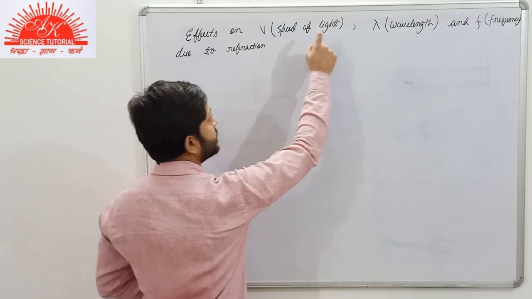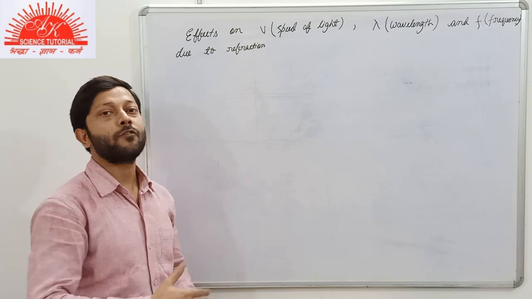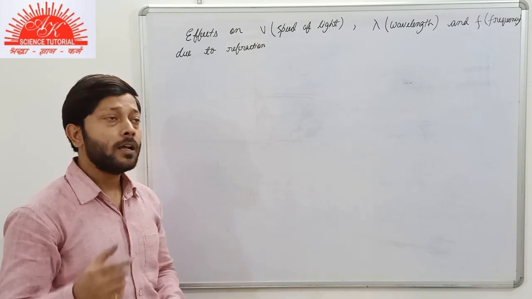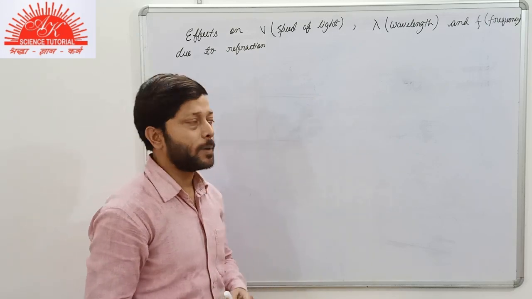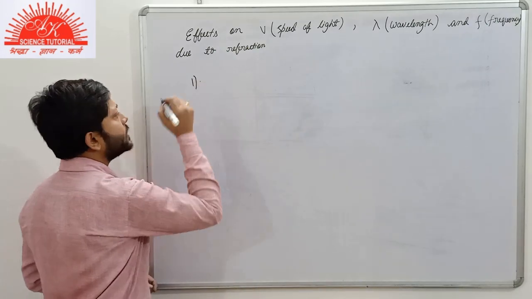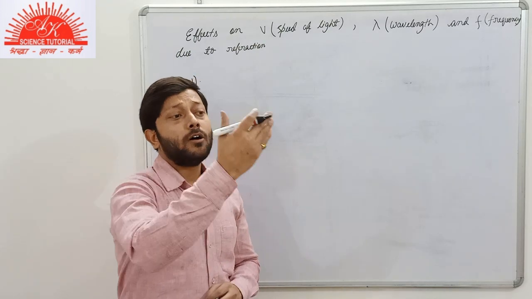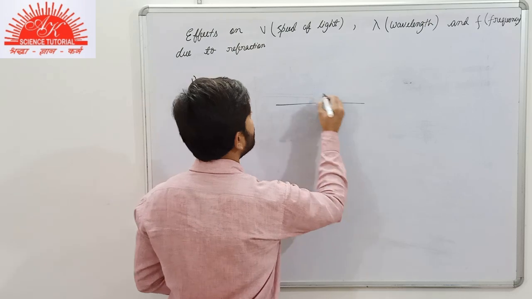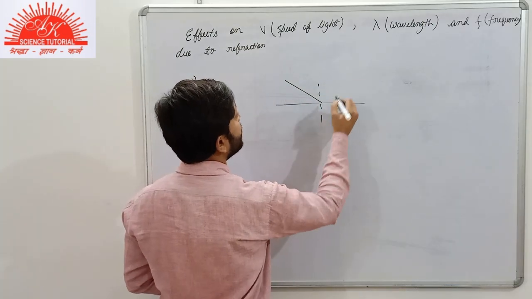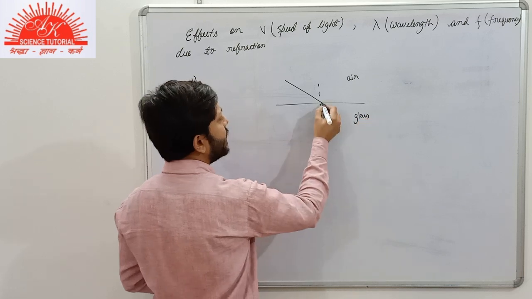But these two things, the wavelength and the speed of light, will change if light enters from one optical medium to another. Now, we'll look at how the change takes place. As you know, when a light ray enters from a rarer medium to a denser medium, suppose here we have the rarer medium, that is air, and the denser medium, that is glass or water, anything.